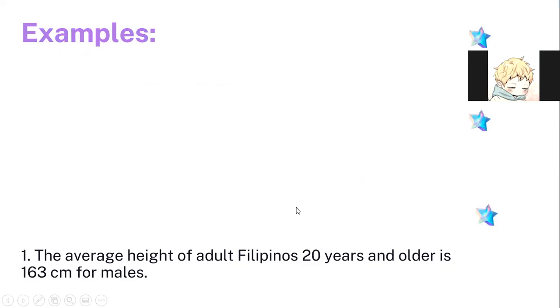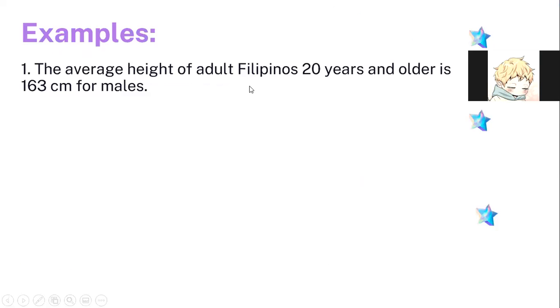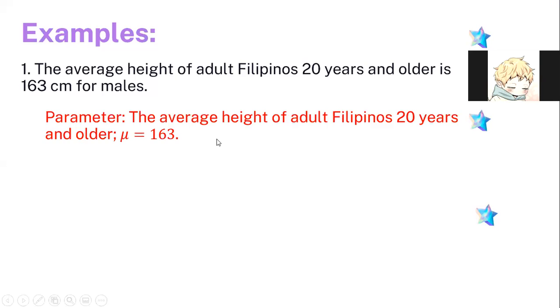Okay? So katulad dito sa example natin, the average height of adult Filipinos 20 years and older is 163 centimeters for males. So your parameter is the average height of adult Filipinos 20 years and older is 163. So the symbol for 163, mu. Okay?